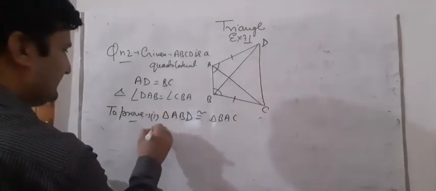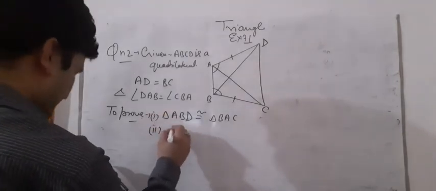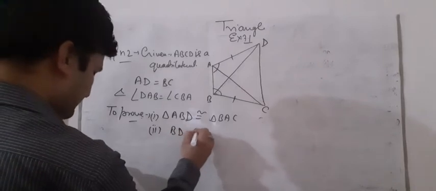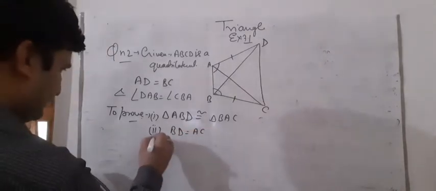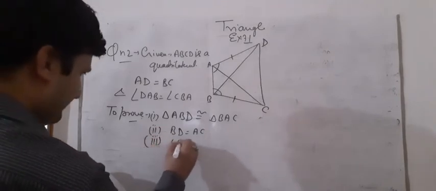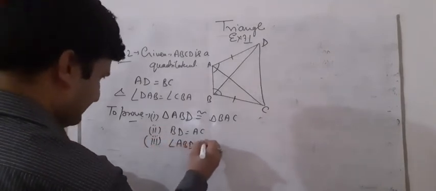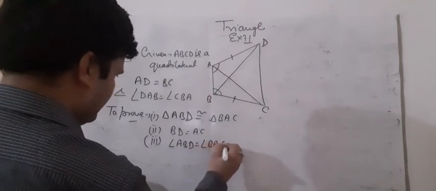This is the first part. Second part, we have to prove BD is equal to AC, and third part, angle ABD is equal to angle BAC.